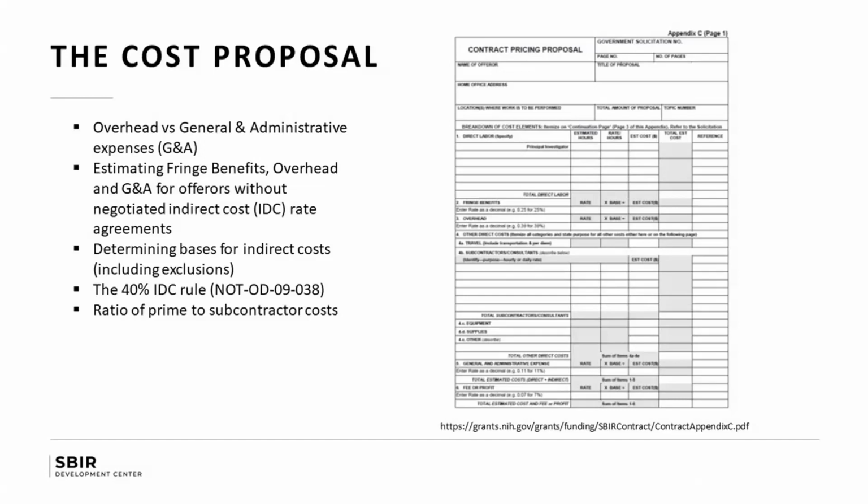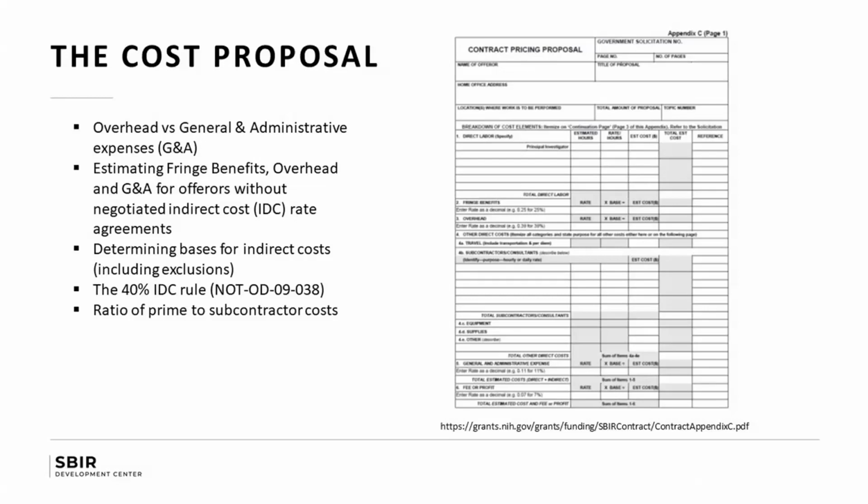Then there is the 40% IDC rule. The official title for the announcement, you'll see in the parentheses there, is NOT-OD-09-038. You can Google that and it'll come up and tell you about it. And I will say what it does mean and what it does not mean. And then finally, I'll discuss briefly the ratio of prime to subcontractor costs.